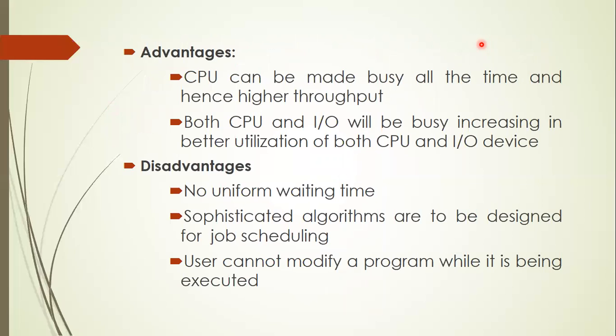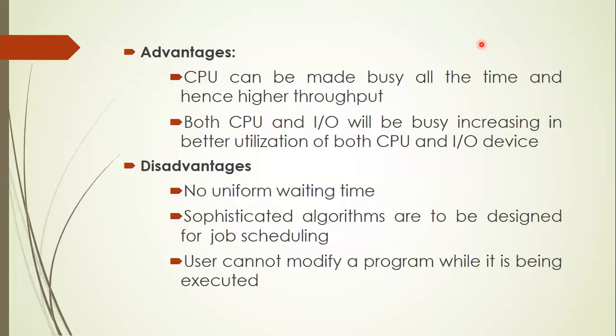In addition to that, which set of jobs should be brought from secondary memory to main memory? Whether it is the first 4 jobs or the first 10 jobs, and even after bringing the 10 jobs into the main memory, which job should be executed first, whether it is job 1, job 2 or job 3.